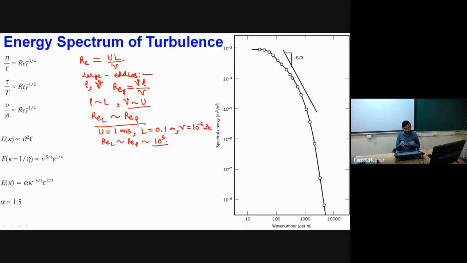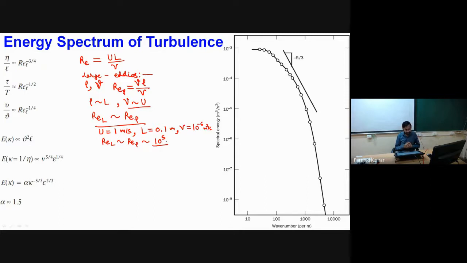So if we have a very high Reynolds number associated with the large eddies, it means that in the case of large eddies our viscous effects are very, very small, and the large eddies are governed by the inertia dominant effects of the mean flow.